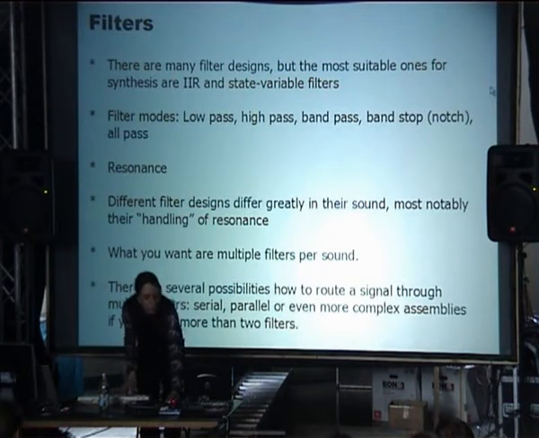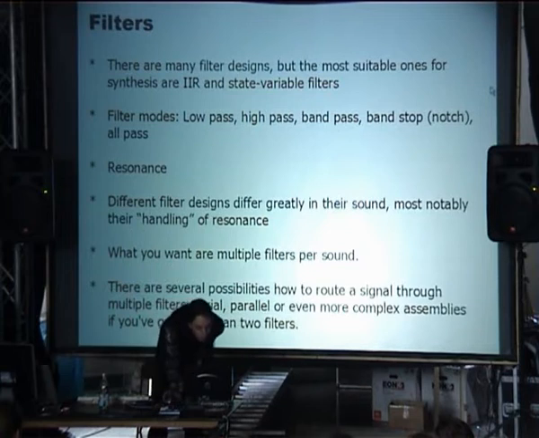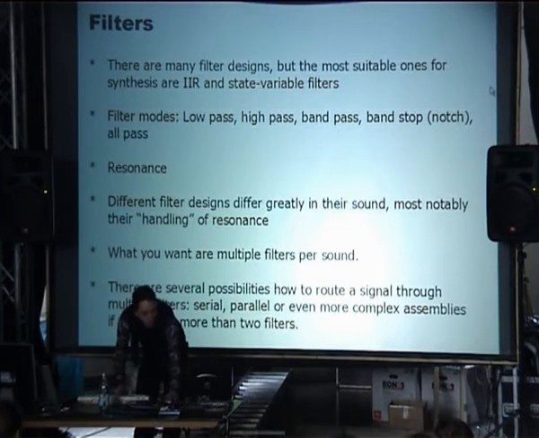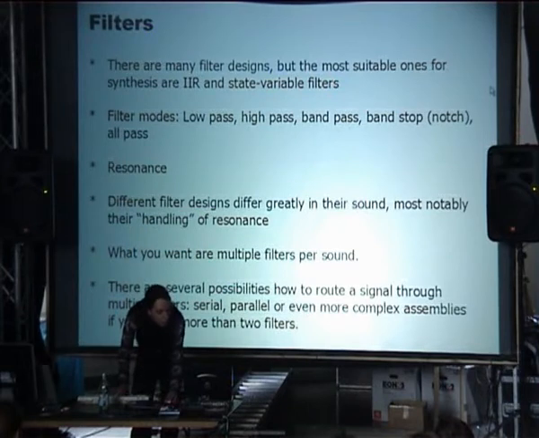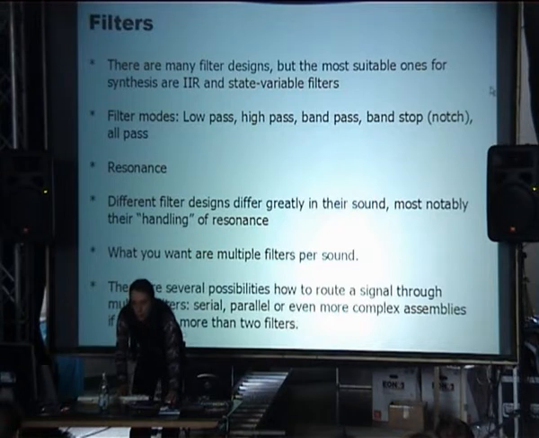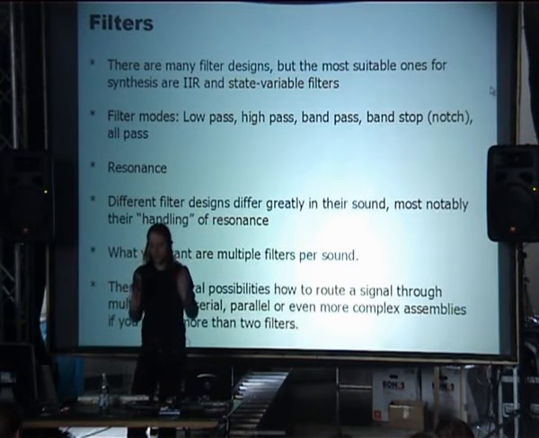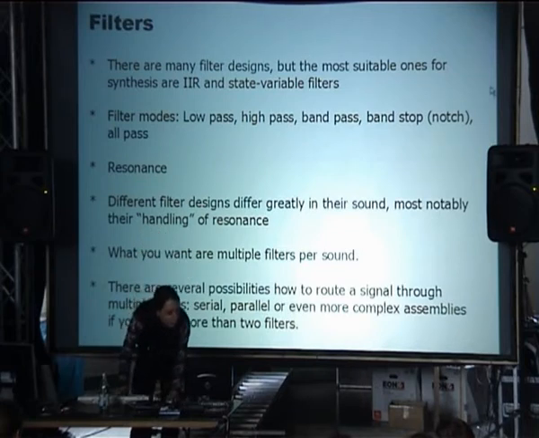Then there's the high pass, which does exactly the opposite thing. It filters away low frequencies and lets the high frequencies pass. And it sounds like this. The third type is the band pass, which only lets through not exactly one frequency, but a bunch of frequencies, about this shape if you look at it in a spectral way.